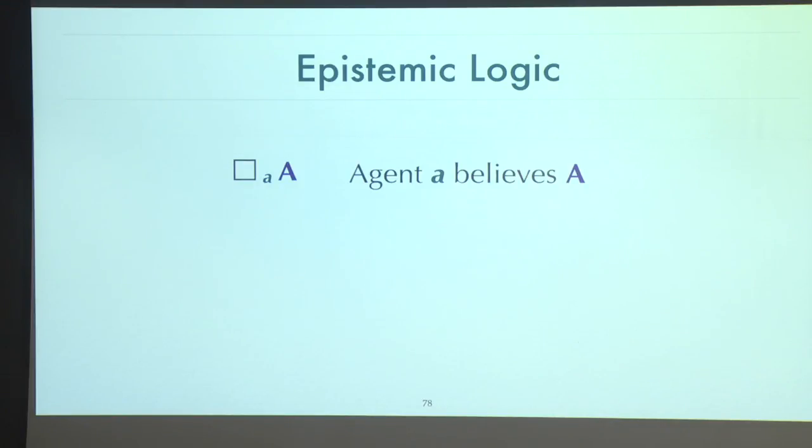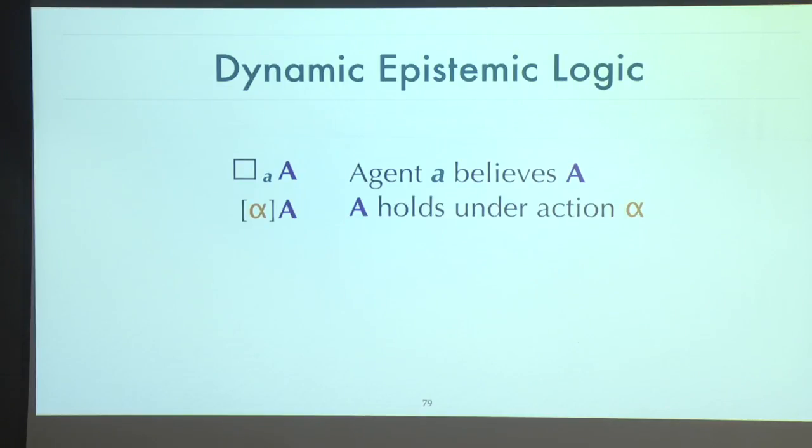So we use a box modality indexed with an agent, lowercase a, and we say box_a of capital A refers to an agent a believing a formula A. Additionally, because these epistemic states are changing, we need a notion of a formula holding under a sequence of epistemic actions.